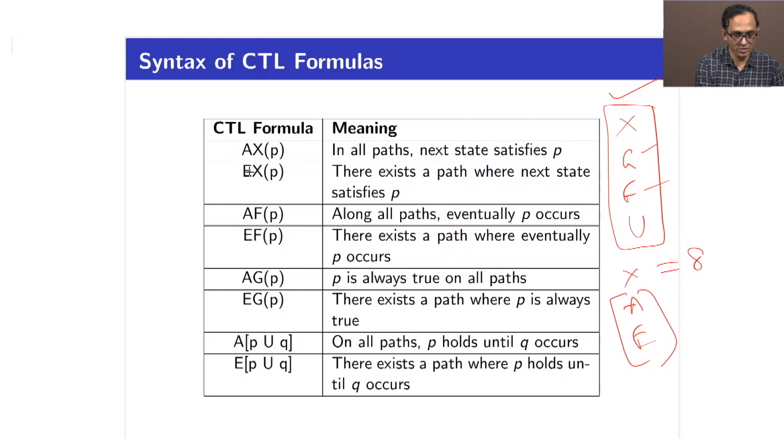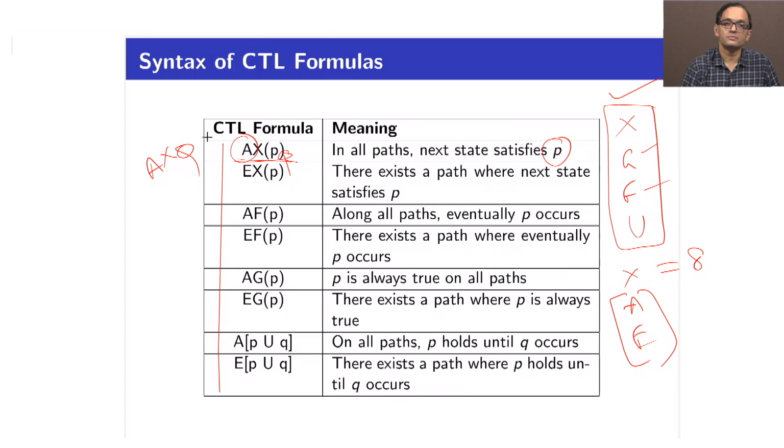Now, let us understand the meaning of AX. There are 8 combinations I just talked about. Let us understand their meaning. So, what is AX? You know AXP. You can ignore the parenthesis here. This P can be some formula phi; it can be AX phi, where phi is already a CTL formula, or it can be just a proposition P. An individual proposition is also a CTL formula.